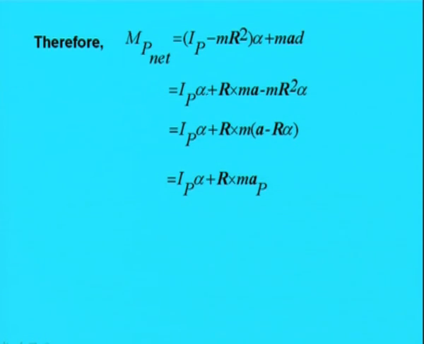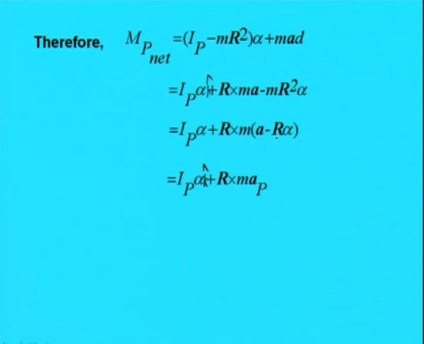If we write that Ip into alpha in the vector form, that means just put k, then after simplification this will be Ip times alpha k plus R cross mass times acceleration. So about any point P, the P may be on the body or it may be on a hypothetical extension of the body.